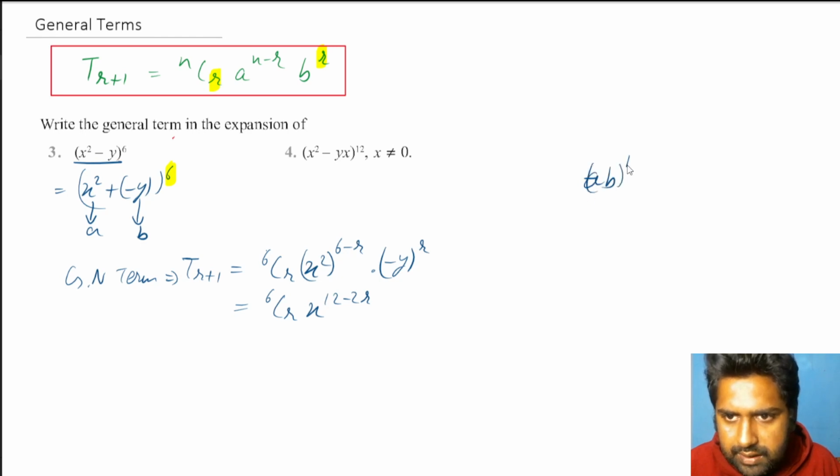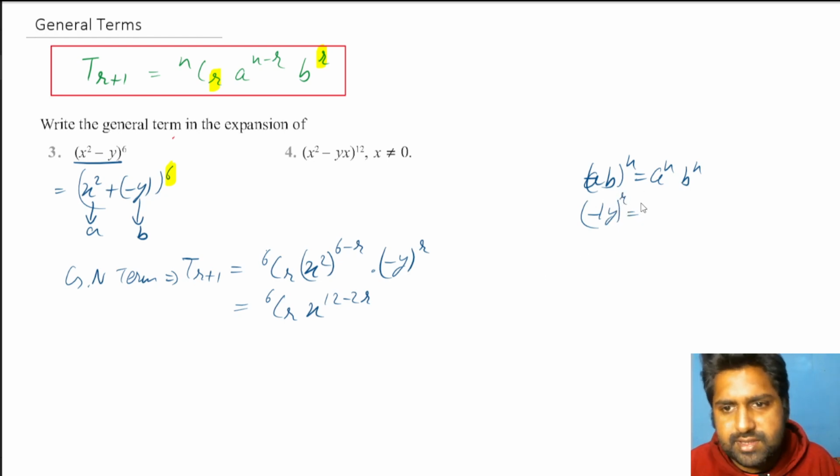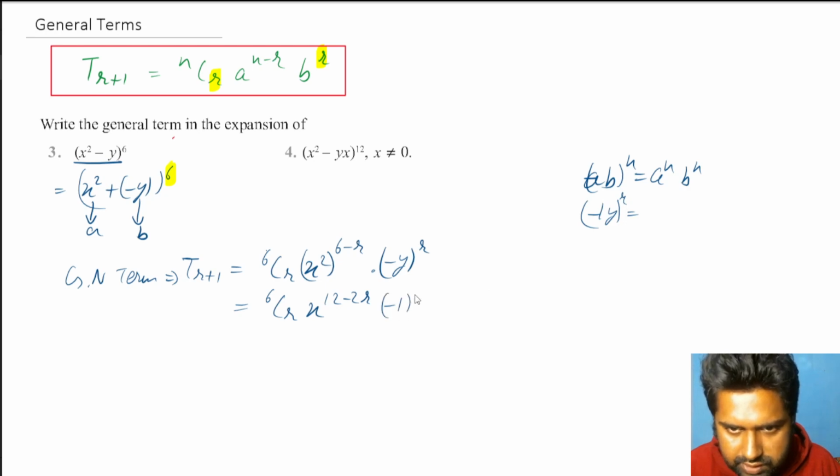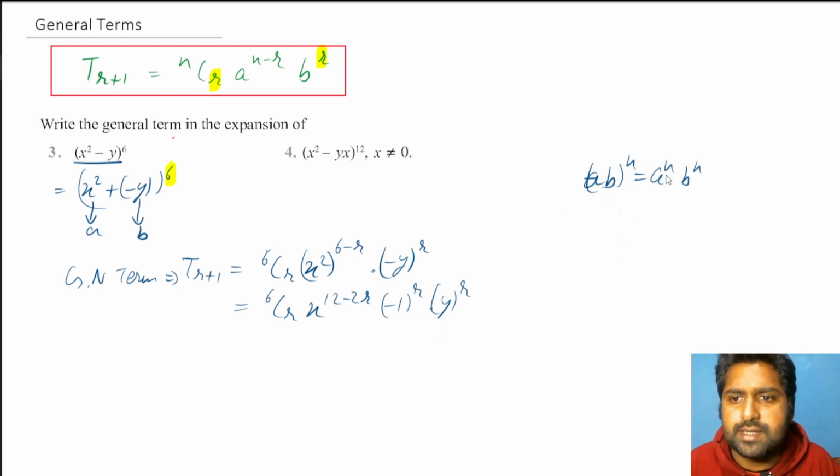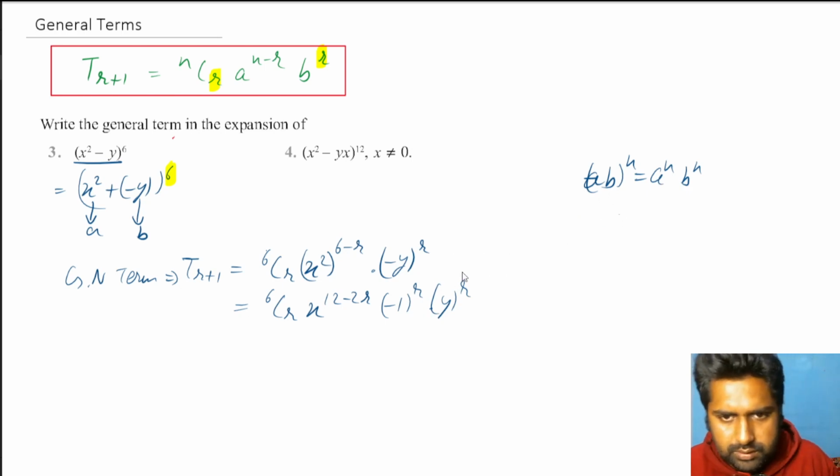AB raised to power n is A raised to power n, B raised to power n, so it will become minus 1 raised to power r, y raised to power r. Okay, I've used this property: power can be distributed over multiplication. That's it, writing the general term.